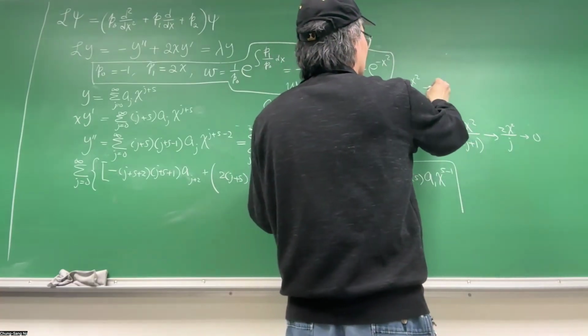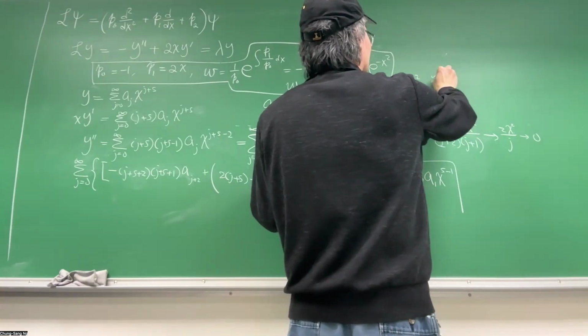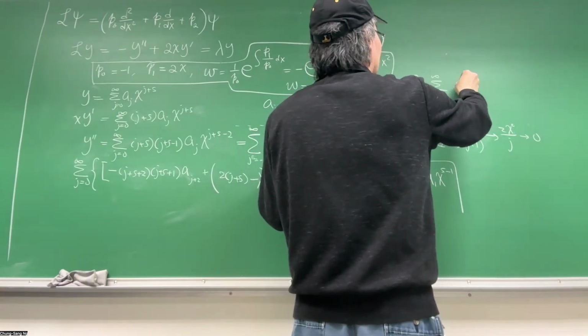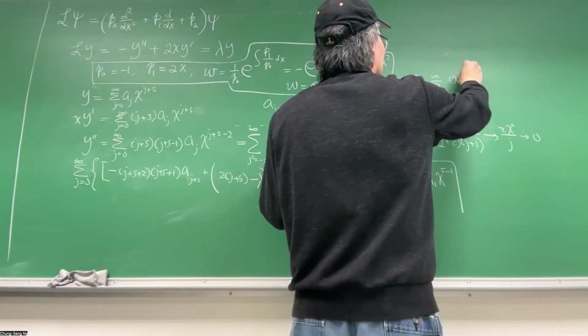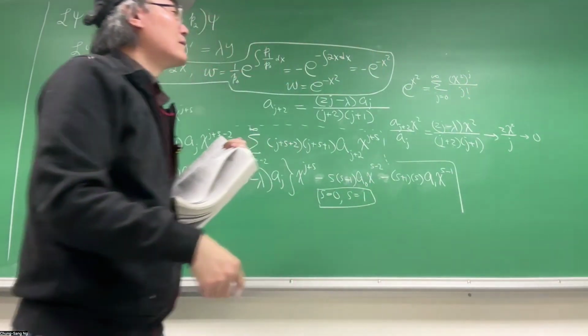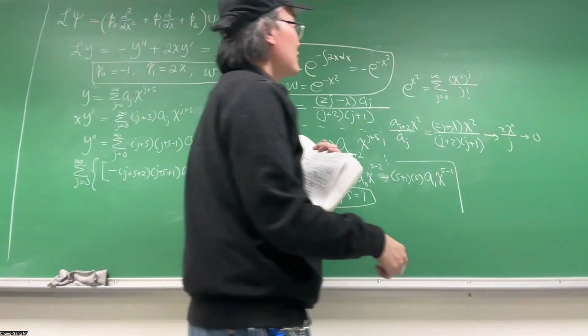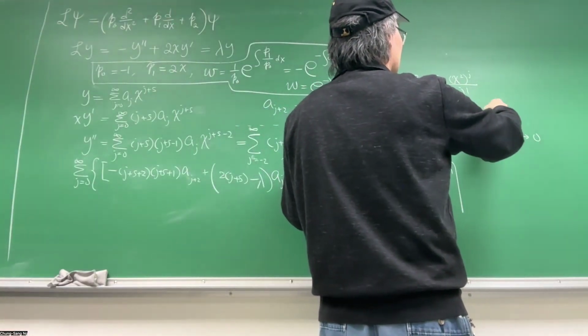Because exponential x squared is just the sum from 0 to infinity of x squared to the j power divided by j factorial, right? And the ratio between successive terms is exactly the same as the limit.